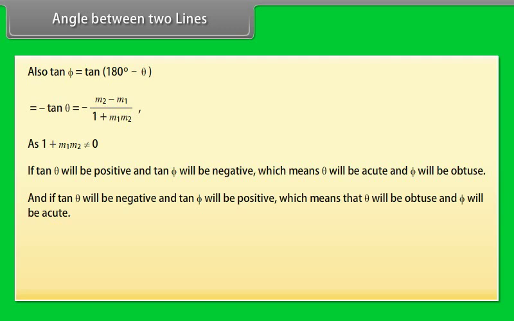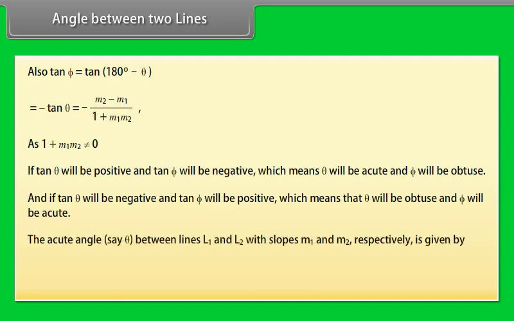And if tan theta is negative, tan phi will be positive, which means that theta will be obtuse and phi will be acute. The acute angle, say theta, between lines L1 and L2 with slopes m1 and m2 respectively is given by tan theta is equal to modulus of (m2 minus m1) divided by (1 plus m1 m2), as 1 plus m1 m2 is not equal to 0.